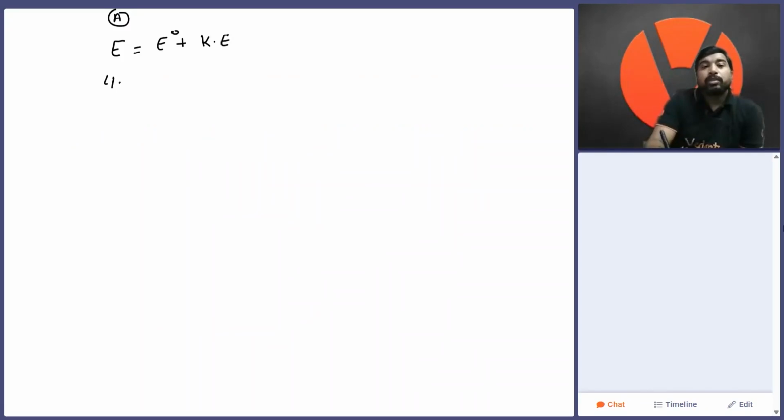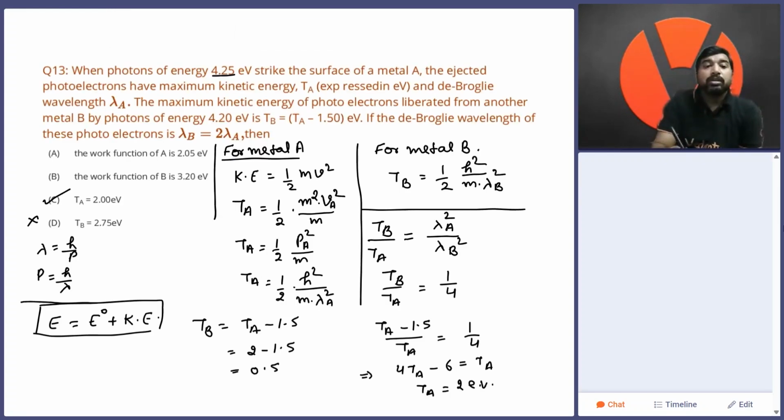So 4.25 is equal to E naught plus 2, so E naught is equal to 2.25. This is the work function. So the work function of metal A is 2.25, not 2.05. So this is the wrong statement.